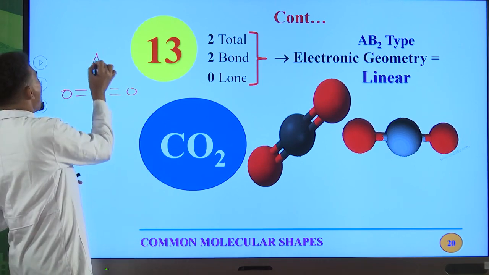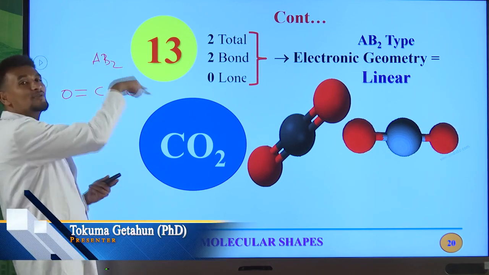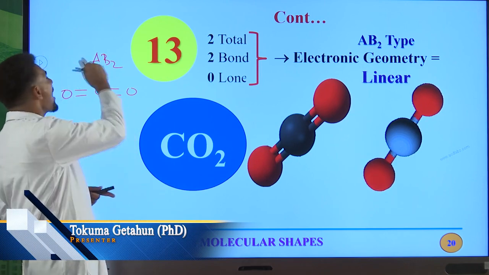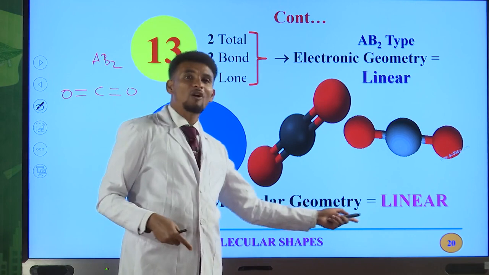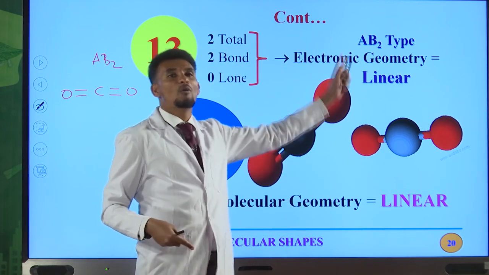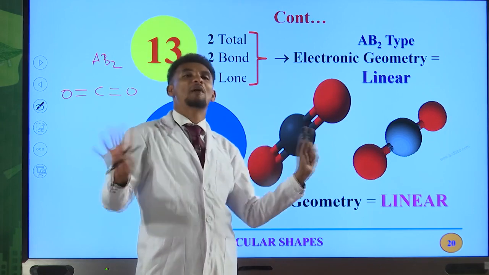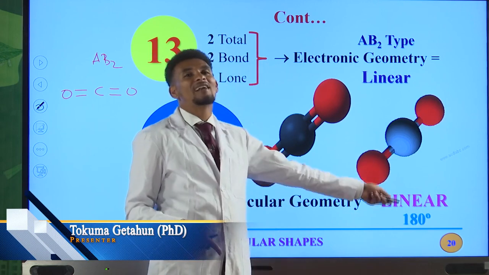So this is AB2 type. Carbon is A, oxygen atoms are B. Its electronic geometry is linear. The molecular geometry or molecular shape is also linear, the same geometry, because we have no lone pairs of electrons around the central atom. And the ideal bond angle is 180 degrees.